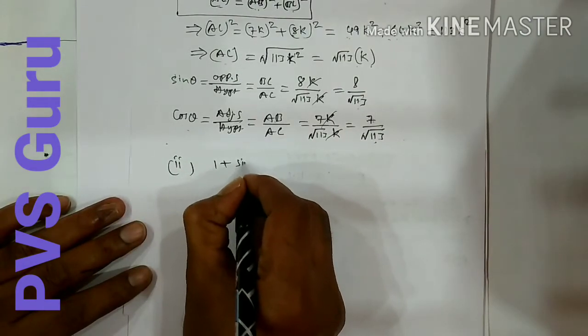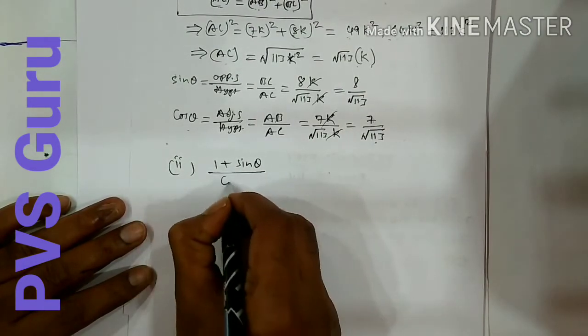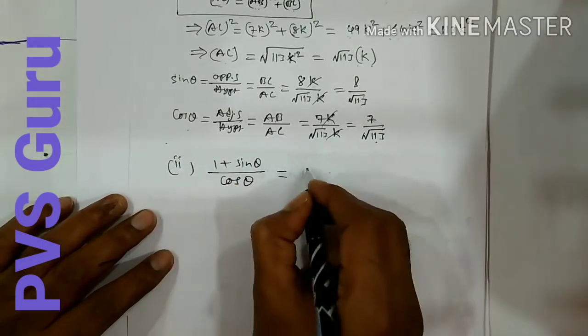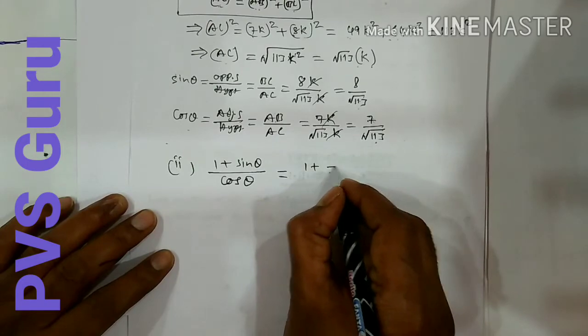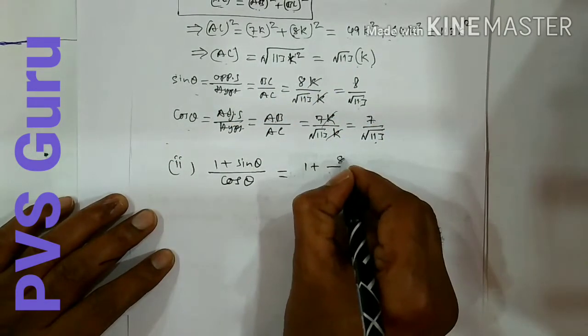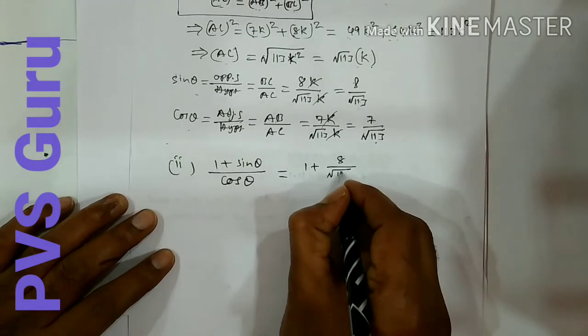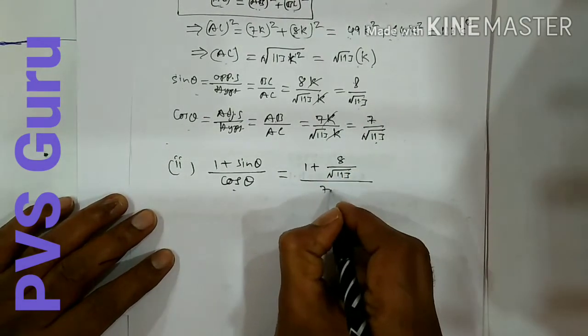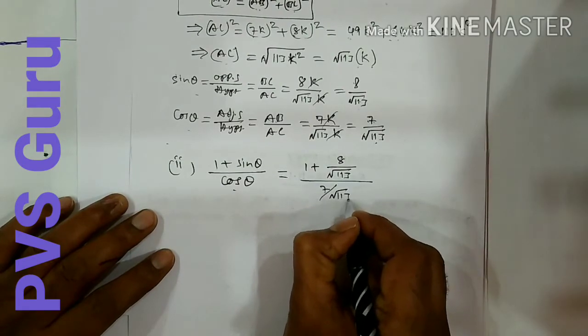For the second bit, 1 plus sin theta by cos theta. Sin theta is 8 by root 113 and cos theta is 7 by root 113.